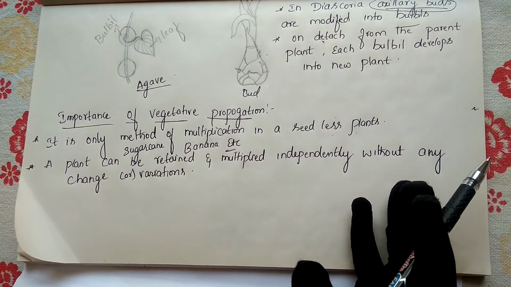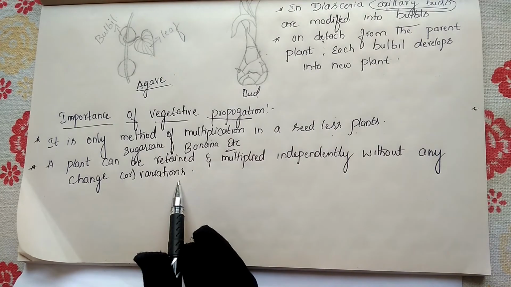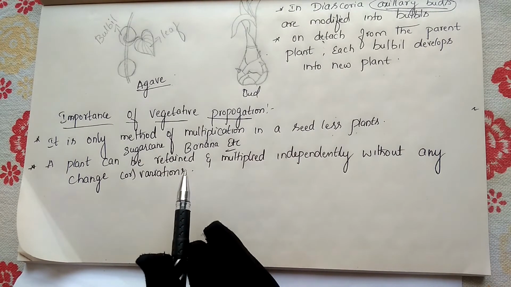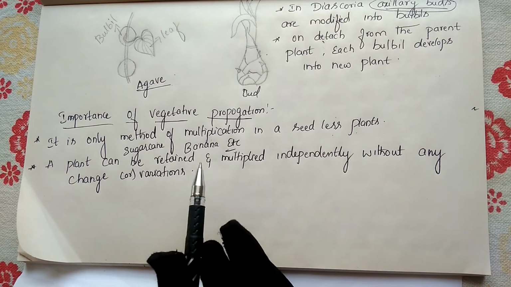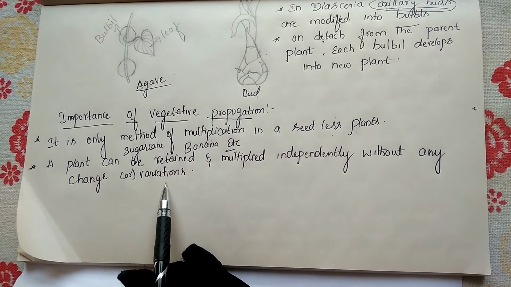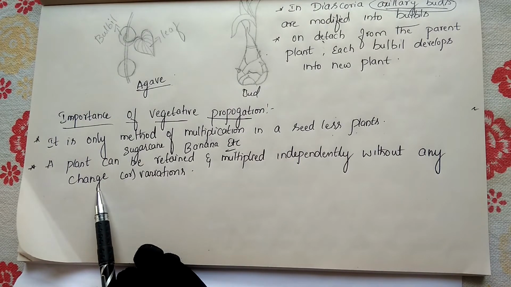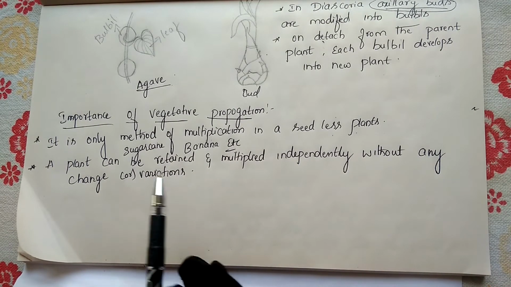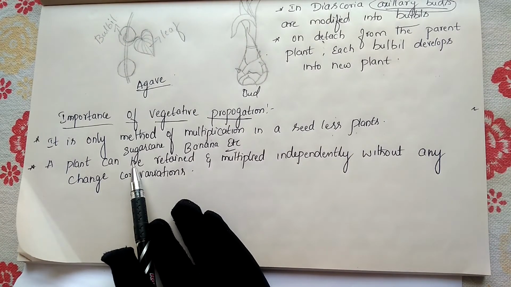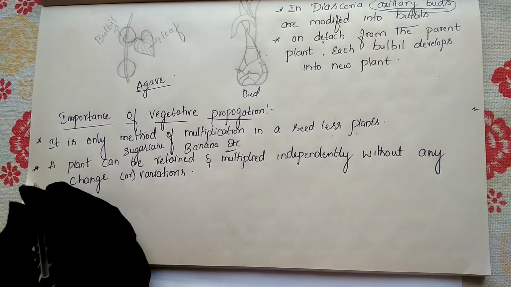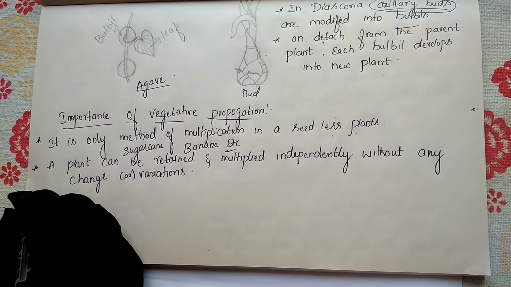Variation is a new character which is not present in the parents. If a new character is produced in the offspring which is not there in the parents, we call it a variation. So through vegetative propagation there will be no change or variation in the offspring. Whichever characters are present in the parent, the same characters will enter the offspring. That is another benefit we get.